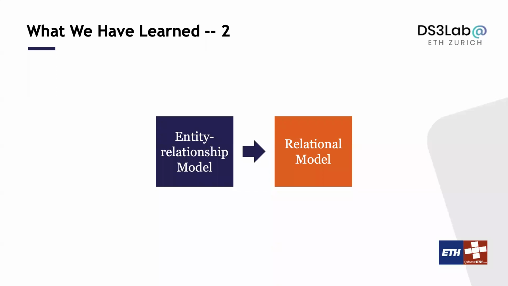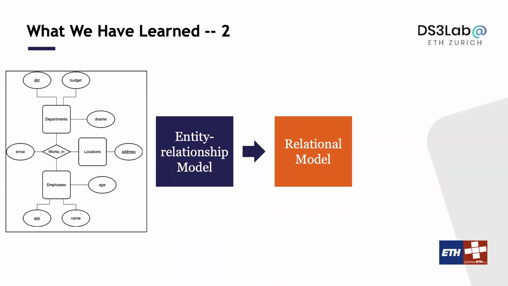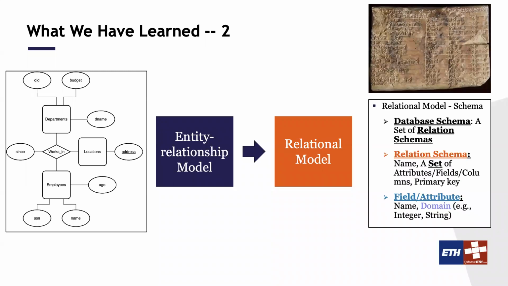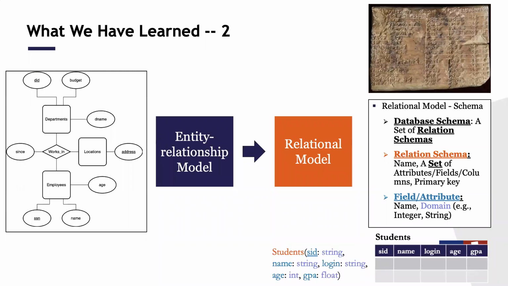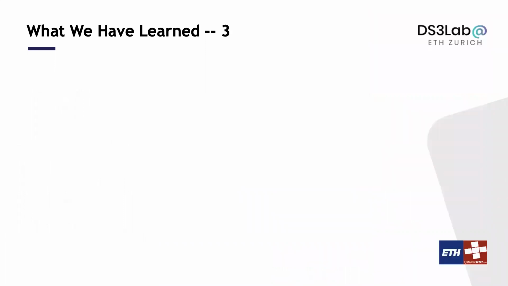The process of logical modeling in this context is to take the conceptual model and translate that into a relational model. Specifically, we want to translate an entity relationship diagram, which looks like this on the left-hand side, into a relational model, in which all of your data are stored as a whole bunch of relations, and each relation has a schema and also has content. So this is the second thing that we learned so far.